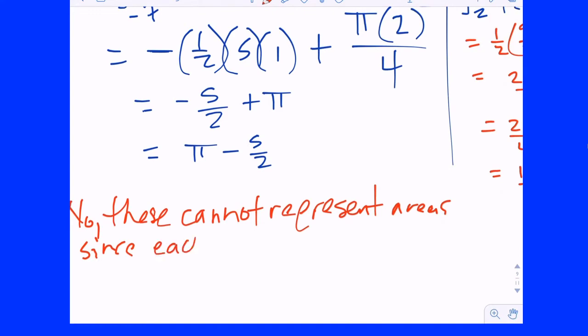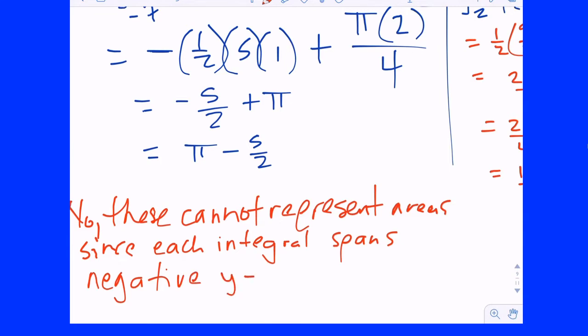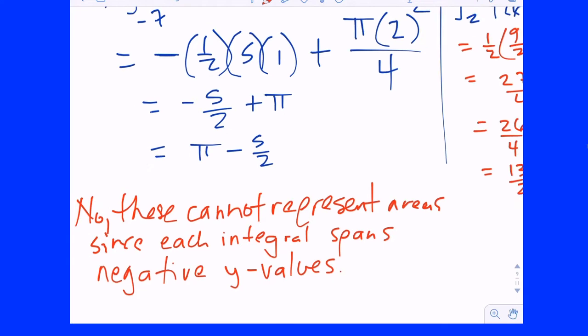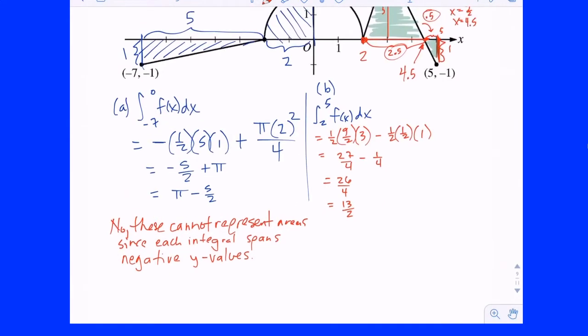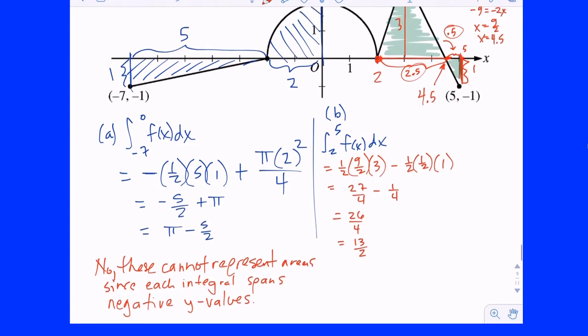Each integral, you could say the word spans, if you want, spans negative y values, something like that. Or we integrate over an interval that contains negative y values, or something like that. The graph lives below the x-axis in each of those intervals, okay? So they can't represent areas.